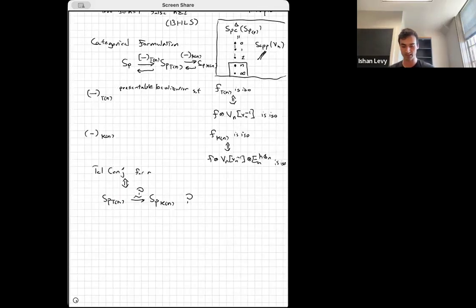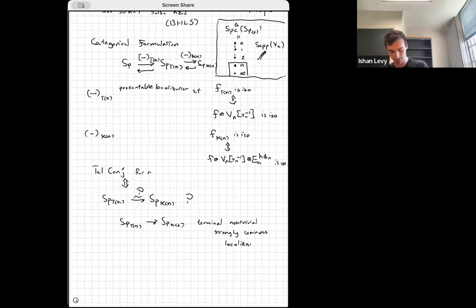One way to say it is that this localization from the Tn-local category to the Kn-local category is the terminal non-trivial strongly continuous localization. And I'll say what that means.